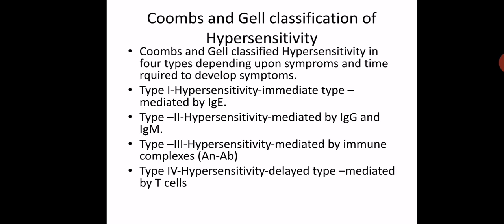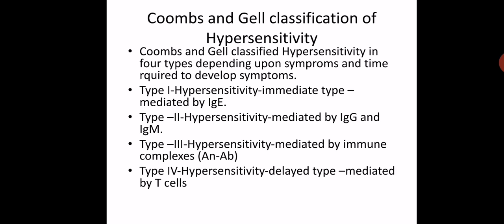Prior to that, we have to match the blood properly, whether it is A, B, or O, and then we can transfuse the blood. So it is one kind of hypersensitivity. Whenever the blood group is not properly matching, there may be some hypersensitivity reaction, so that we will study later on. Type 3 hypersensitivity reactions are mediated by immune complex.